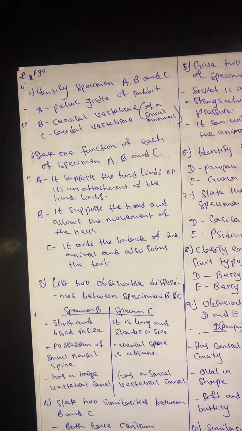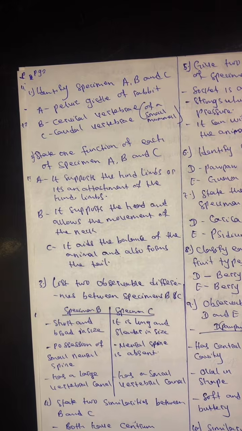Just say cervical vertebrae of a small mammal and caudal vertebrae of a small mammal. Question 2: state one function of each of specimen A, B, and C. You might see any of these questions. Mind you, these are deduced questions. There's a disclaimer, they are deduced questions. I did not see anything like their question, and I didn't have any form of connection. Please take note.